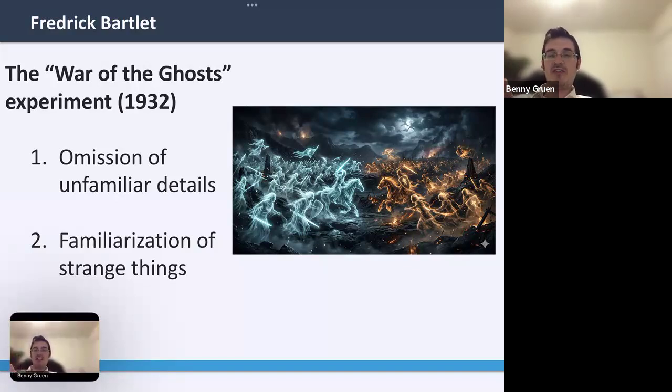So in order for it to fit with their existing schema, their memory, their recall changed the information. It's a very interesting idea. Now, this is very important because it shows us that if we want a child or a learner to be able to remember material, we should try to connect it or make it fit in with his existing schemas.